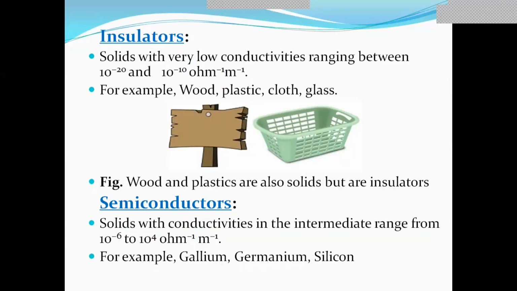So the values of electrical conductivities are very, very less. Very good examples that we come across are wood, plastic, cloth, glass. These are all said to be insulators. These insulators do not allow electric current to pass through them.